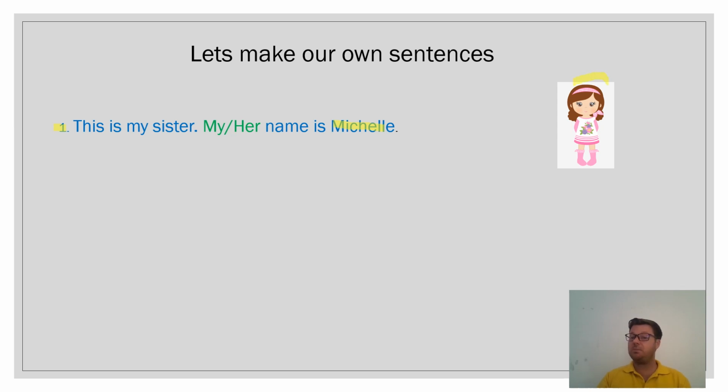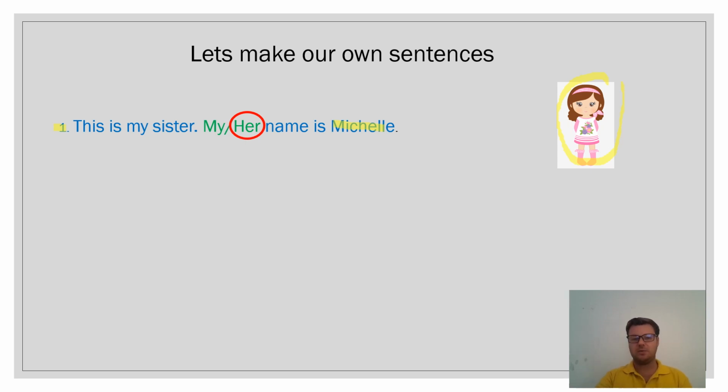We need to look at the picture and remember possessive adjective, her. Her name is Michelle. Let's have a look. This is my sister. Her name is Michelle.